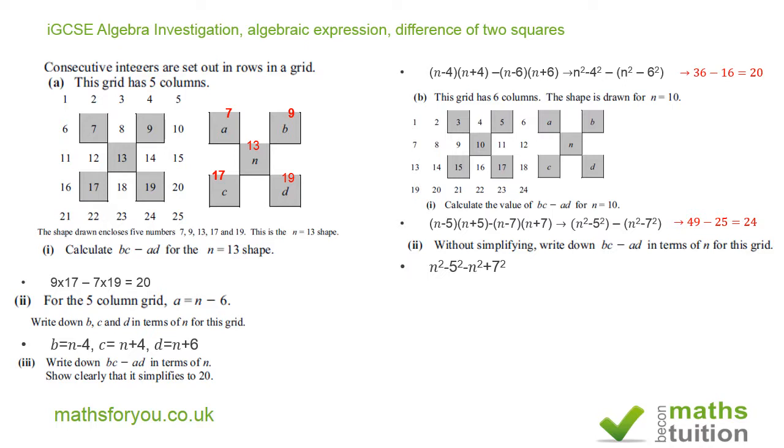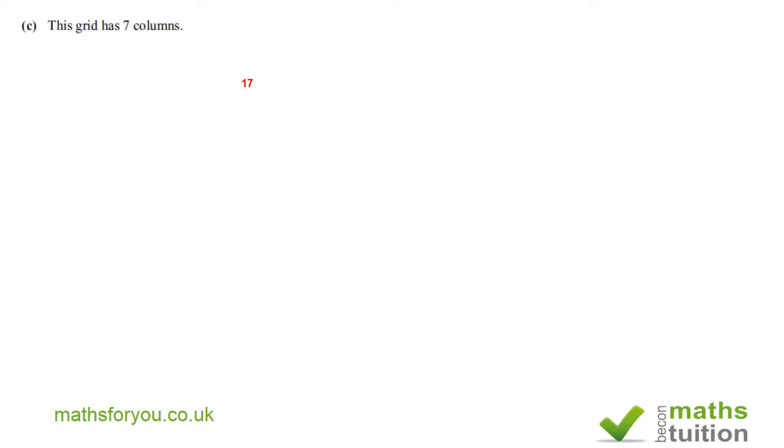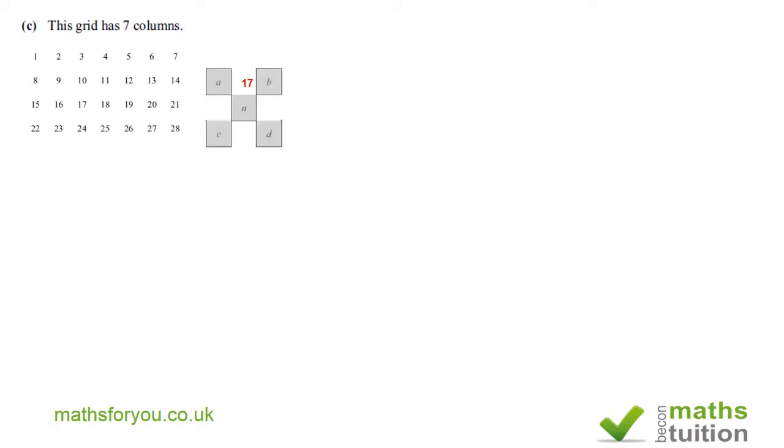Okay, now next slide. In this case, we have a 7-column set of consecutive integers, and our shape is n equal to 17.